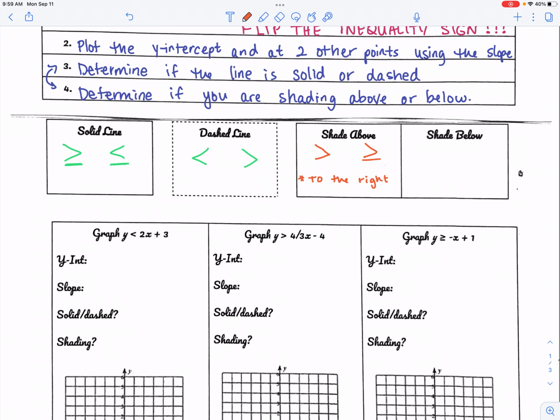Again, that's a special situation. Shading below will be less than or equal to. And just like before, we also have our special case. If we have a vertical line, we shade to the left.